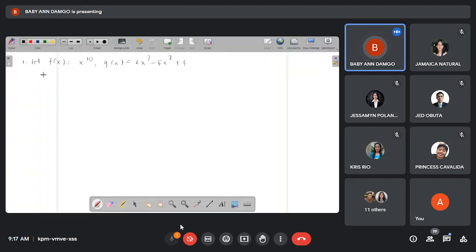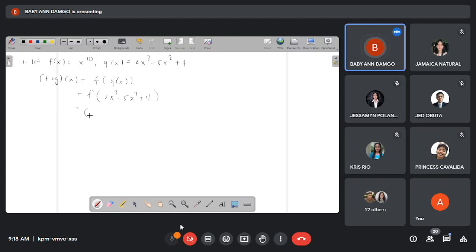Okay, so your f of g of x is equal to f of 2x cubed minus 5x squared plus 4. And then evaluate f of 2x cubed minus 5x squared plus 4, given that your f of x is equal to x to the 10.